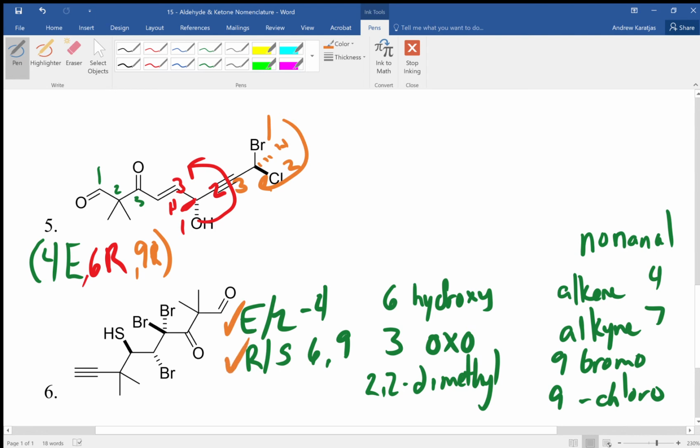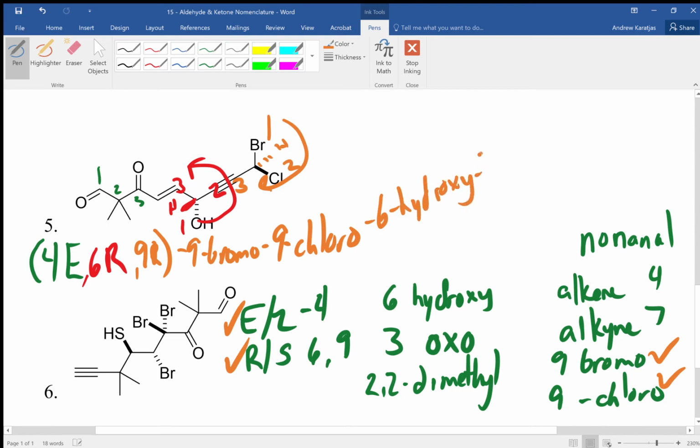Now we need to put our substituents in alphabetical order. 9-bromo, 9-chloro, followed by 6-hydroxy, 2,2-dimethyl, 3-oxo, and we'll continue down here.